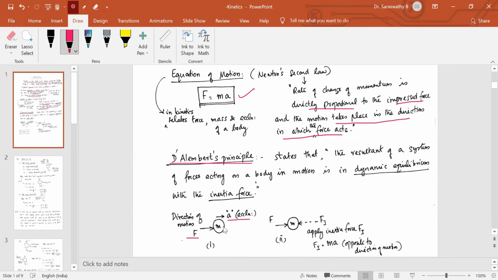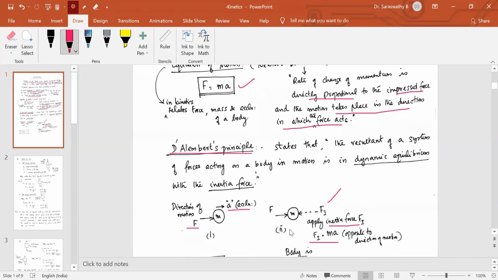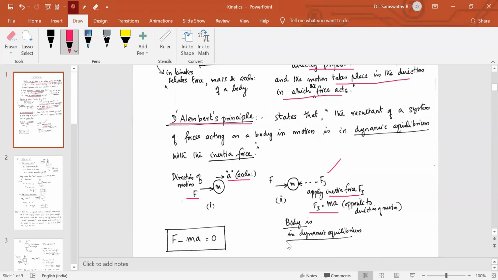Now, on this body, I apply a force called the inertia force, which is numerically equal to m into a. We apply an inertia force of magnitude m into a, opposite to the direction of motion. It is moving towards the right, so I apply a force Fi towards the left. What will happen? The system is now in dynamic equilibrium.